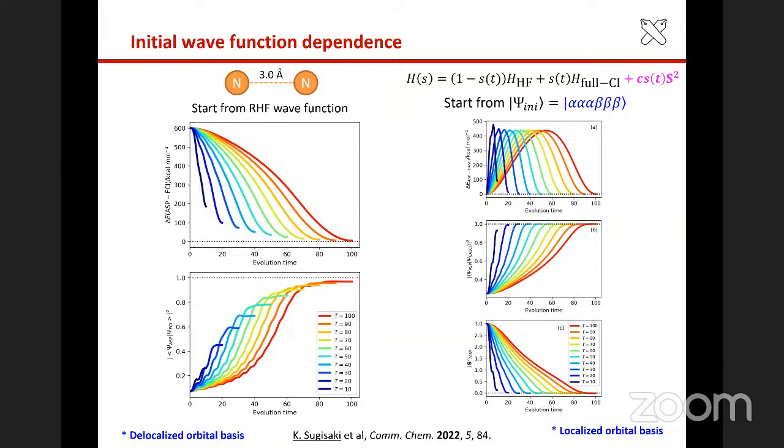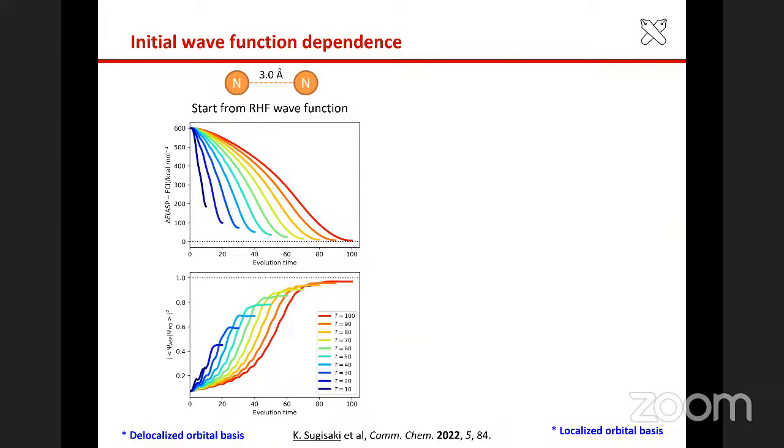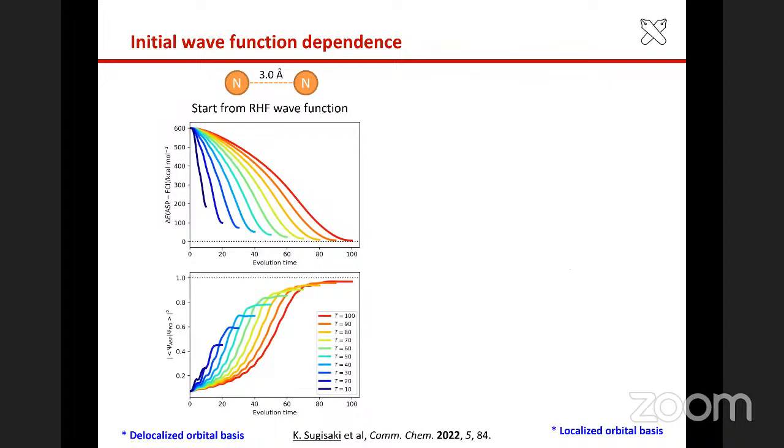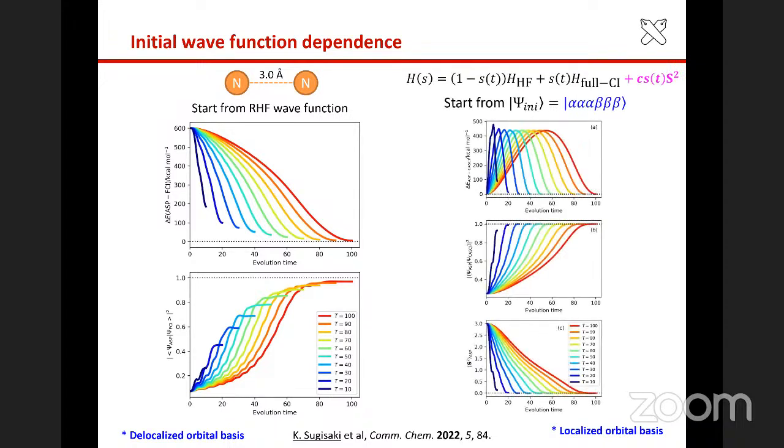So basically, the reason why we include this extra operator is because this wave function is not an eigenfunction. This broken symmetry wave function is a mixture of different spin states, so we have to eliminate unwanted spin states. This is the reason why I include the penalty function.